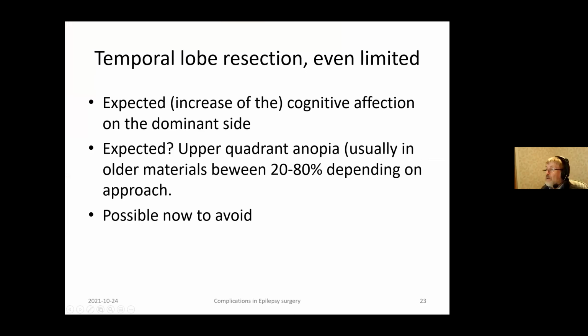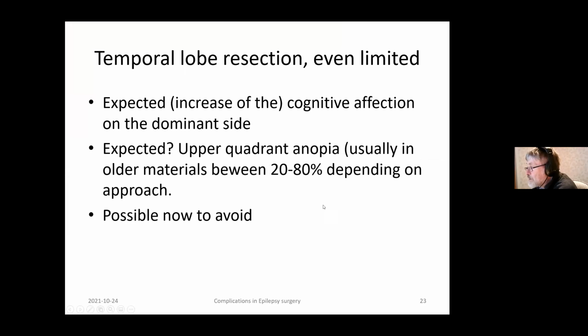And if you do a temporal resection, you can have some expected increase of cognitive impairment on the dominant side. You can have expected upper quadrant anopia, usually in all the materials between 20 to 80%.